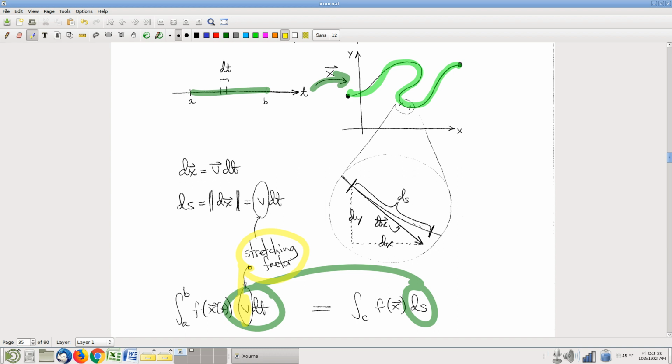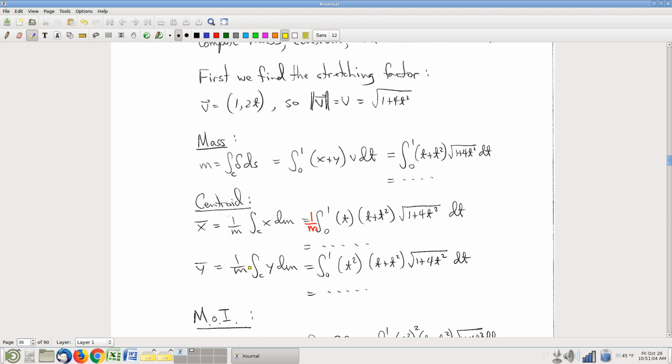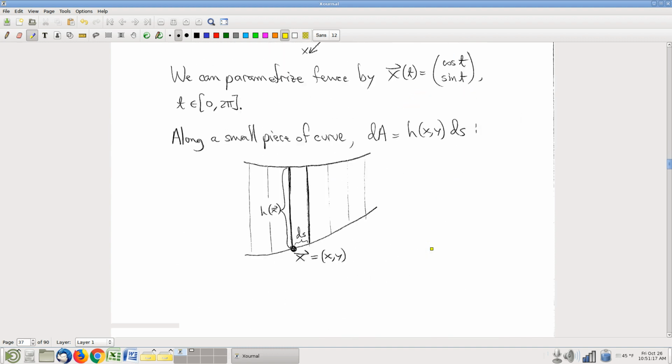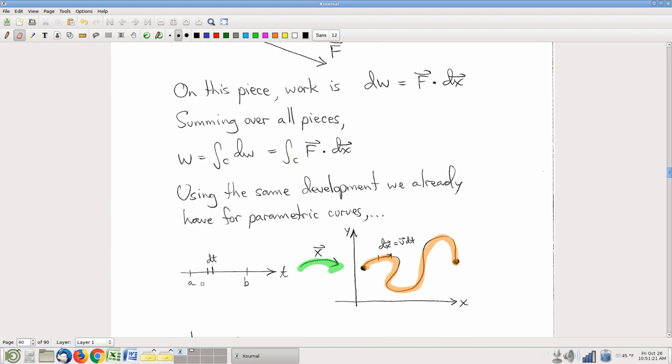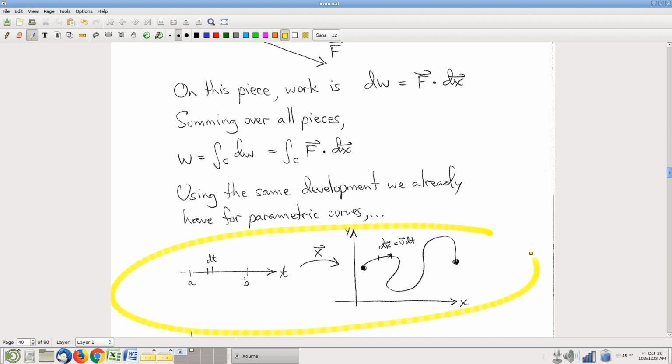Just like with these integrals here, it's the same construction. ds is always the same thing, no matter what kind of integral you have. So all the setup's been done. All we have to do is capitalize on it. So here we are. We're going to do this same pullback strategy, the development of which is already done.